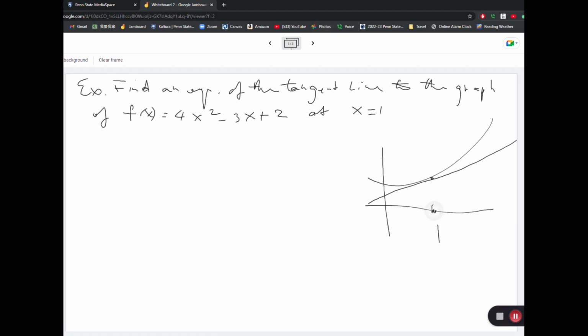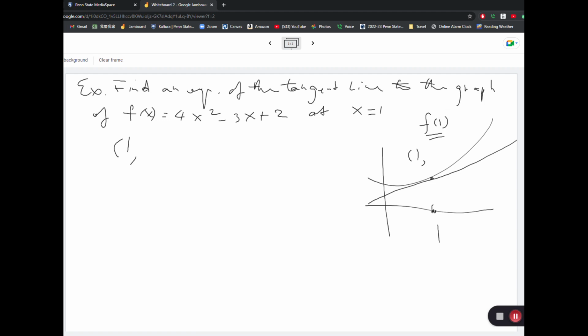At 1, the x-coordinate of the point would be 1. Now the y-coordinate will be the actual function value, so we can plug in x equal 1 to calculate. So it'd be f of 1.